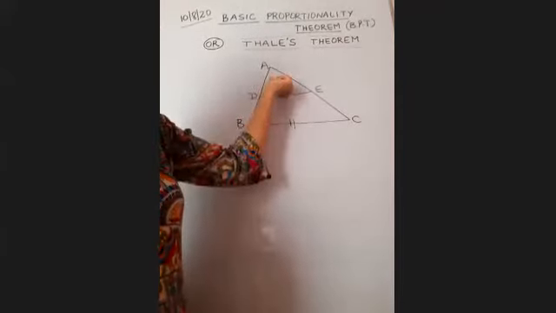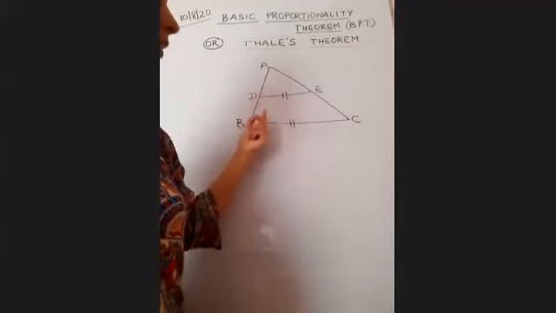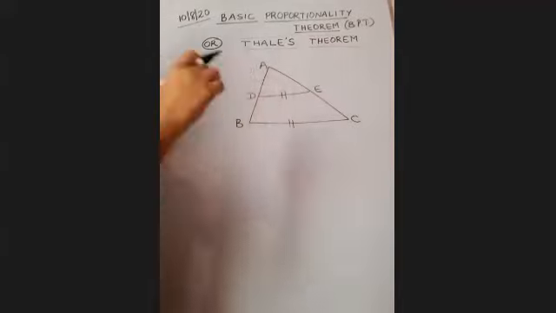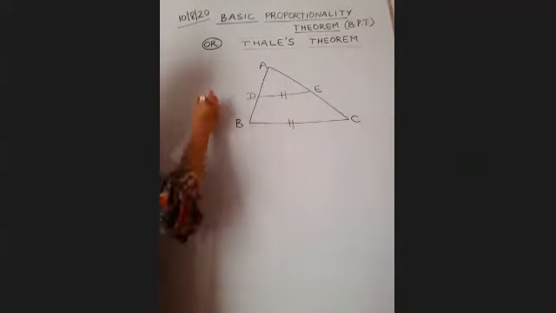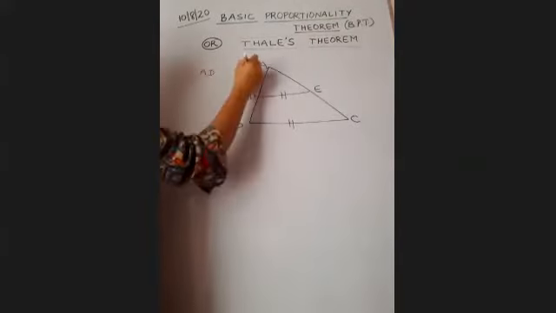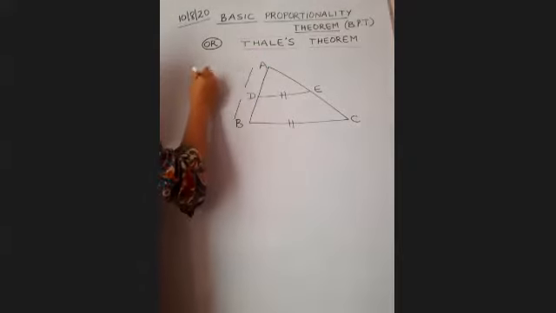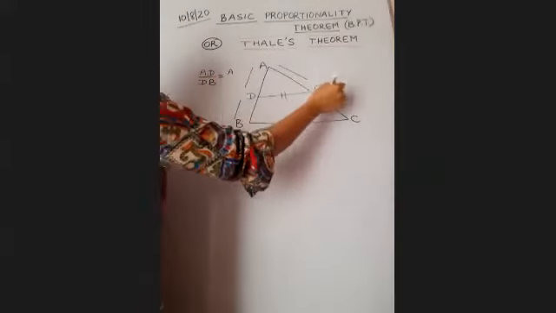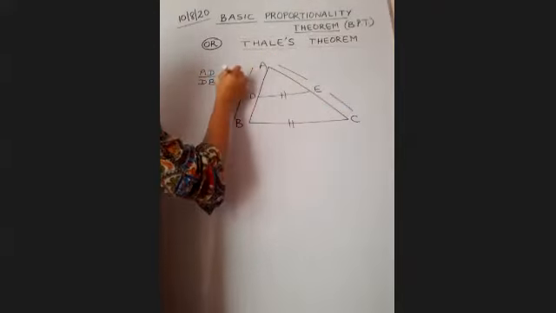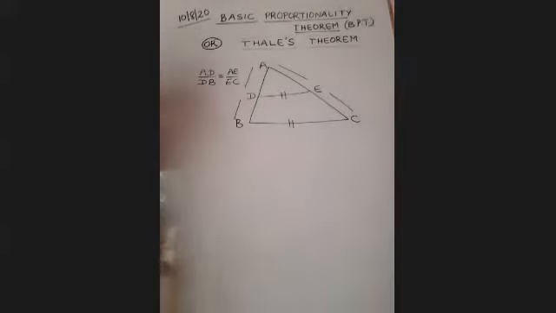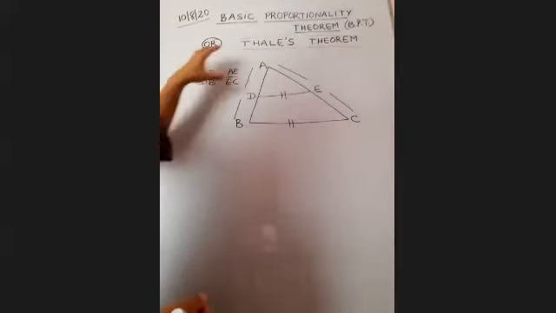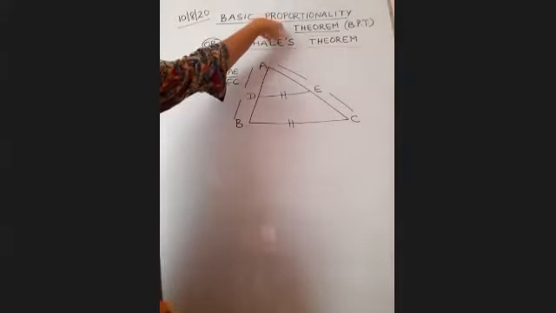You could have drawn DE anywhere in the triangle, which is parallel to BC. Then the conclusion will be that AD upon DB is equal to AE upon EC. This is the conclusion. Can you see the sides are in proportion? That is why the name of the theorem is proportionality theorem.